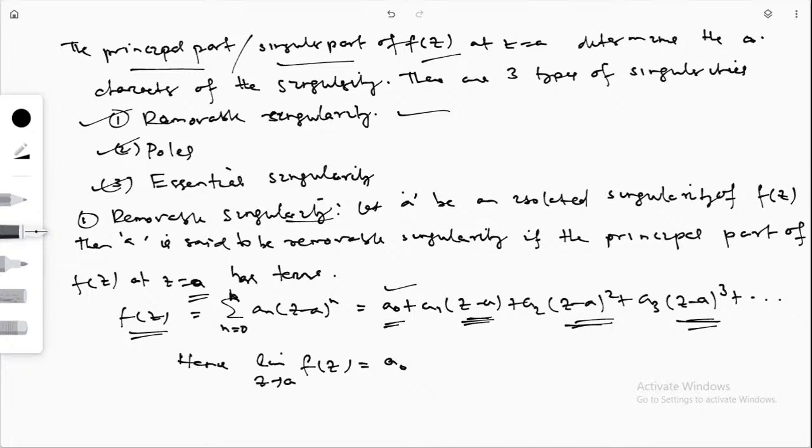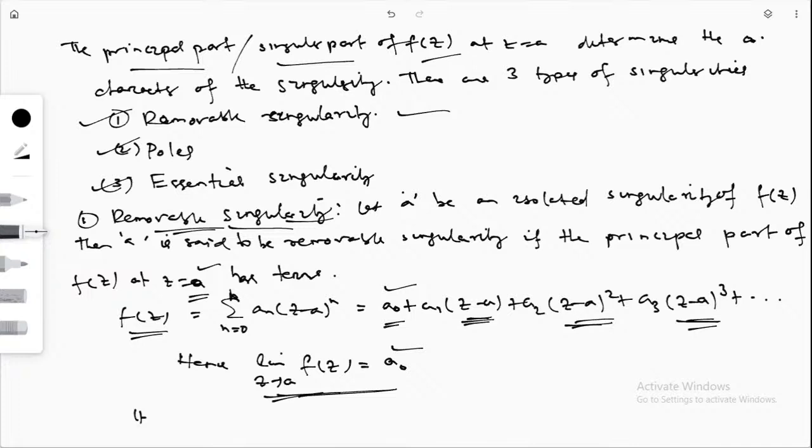So this is called a removable singularity: z equal to a is a singular point, and by applying this limit, f of z is equal to a naught, and the singularity is removed.